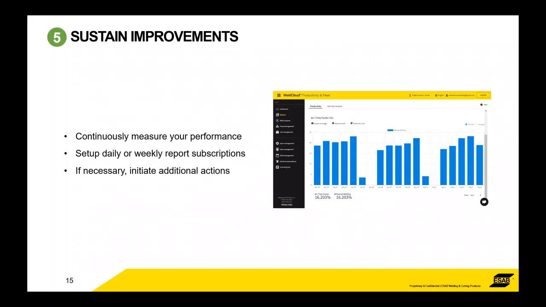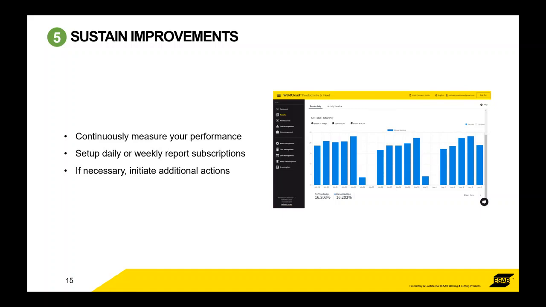Daily or weekly reports. In WeldCloud, we have a function called report subscription, where you can easily get your reports handily for you. And of course, if you see that it starts to deviate from the current level, you need to take additional actions.